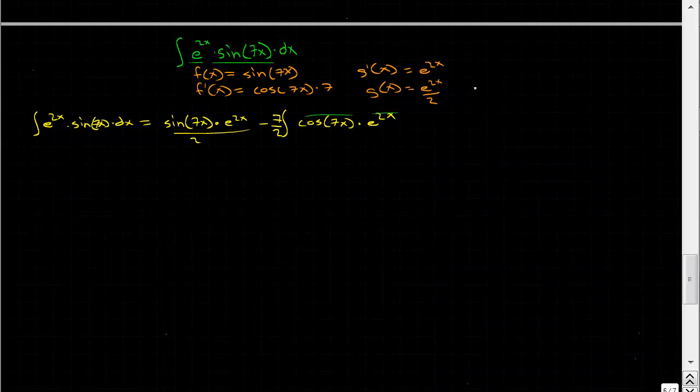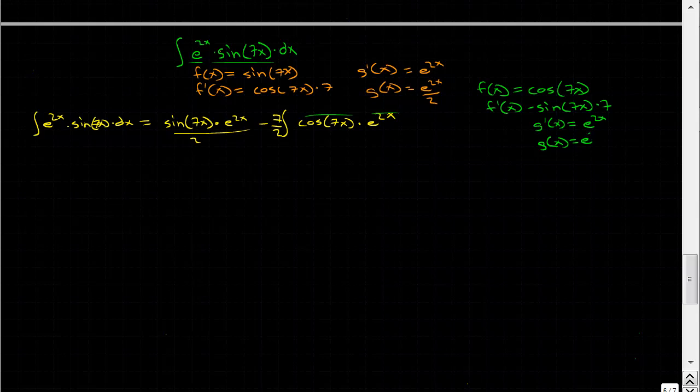So our new f of x is equal to cos 7x, which means that the derivative of that is going to be negative sine 7x times 7. And our g prime of x is equal to e to the 2x, which means, again, nothing changed.